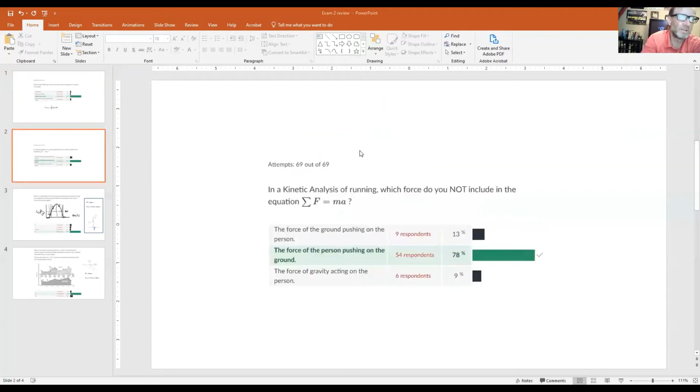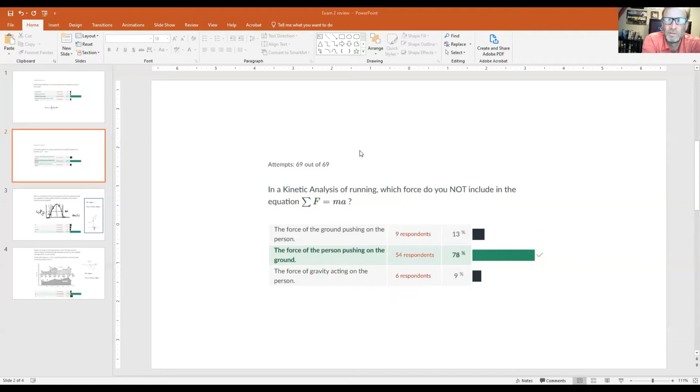All right, second one, in a kinetic analysis of running, which force do you not include in the equation sum F equals ma? You should know this equation, Newton's second law. What we need to do is add up all the forces acting on the object.